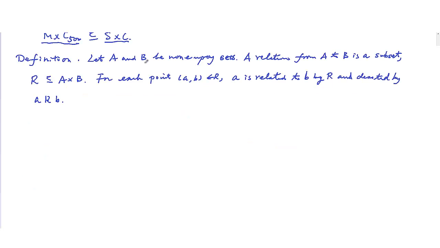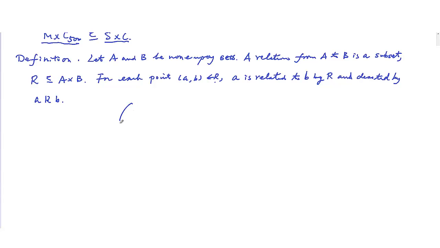Definition: Let A and B be non-empty sets. A relation from A to B is a subset R in A cross B. Because it's a cross product, for each point (a, b) in R, that means a is related to b, and we say that a is related to b by R, also denoted by a R b.